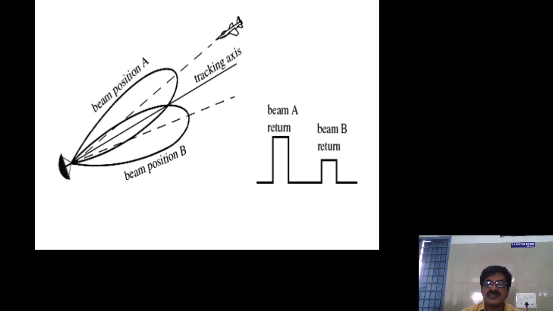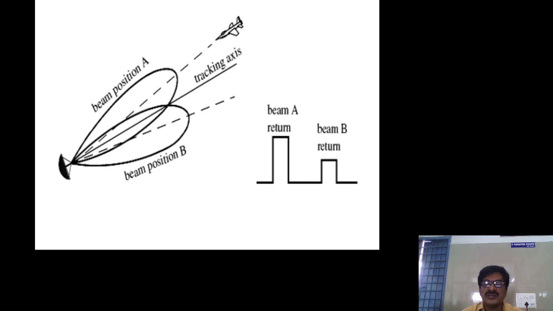That difference is considered an error, and the error signal is given to a servo control mechanism, so that it can change the position of the antenna and the radiation pattern, in order to align the target with the tracking axis.